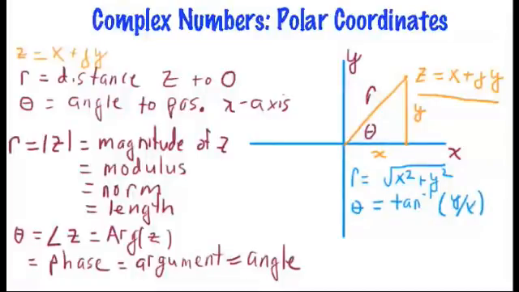Going the other way, it's easy to see that x equals r cosine theta. That's simply saying that the cosine of theta is the adjacent over the hypotenuse, or x over r, and likewise we have y equals r sine of theta.